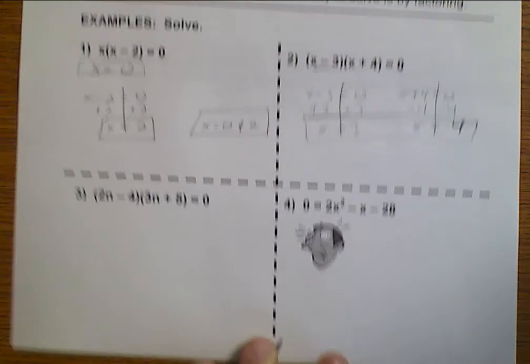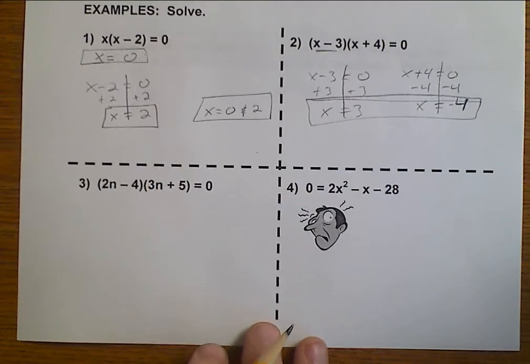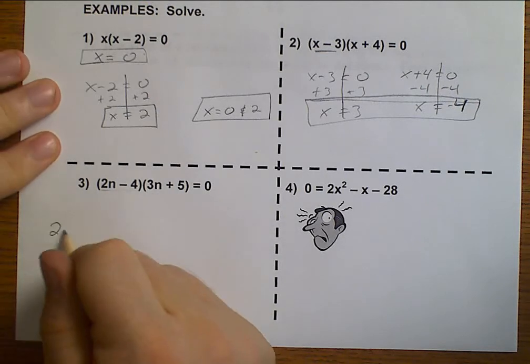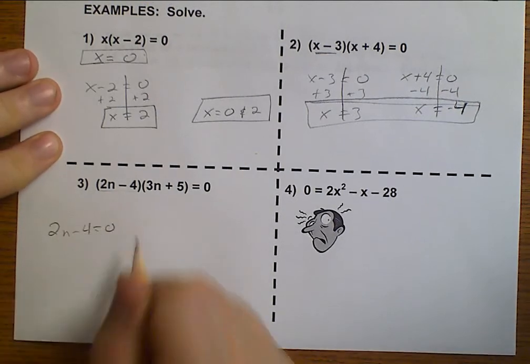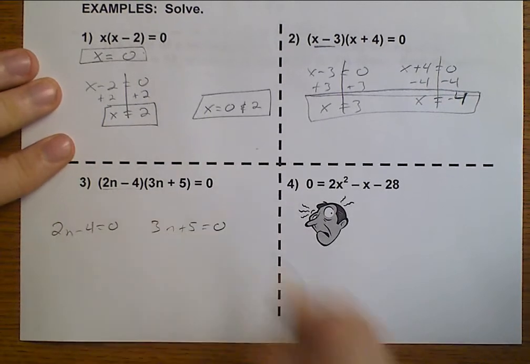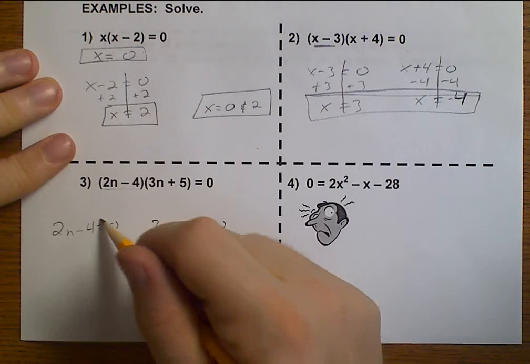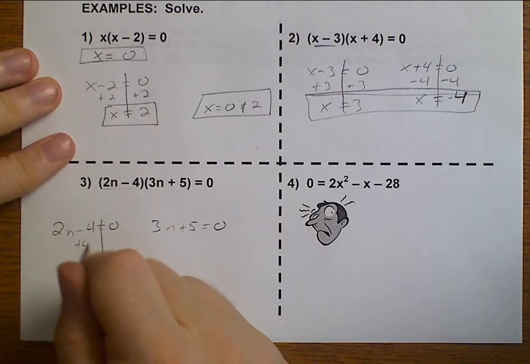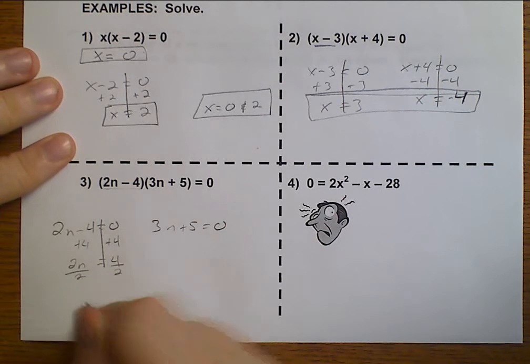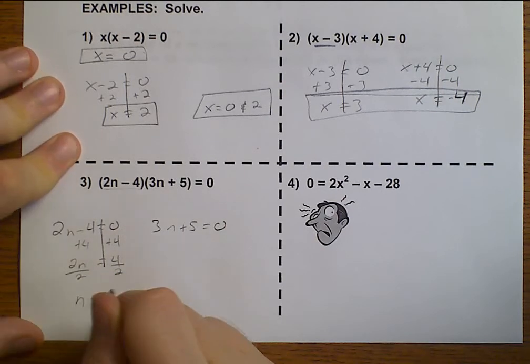Let's go ahead and have a look at number 3. Well, I'm going to set both of them to 0. 2n minus 4 equals 0, and 3n plus 5 equals 0. So I need to add 4 to both sides. I get that 2n equals 4. Divide both sides by 2, I get that n equals 2.